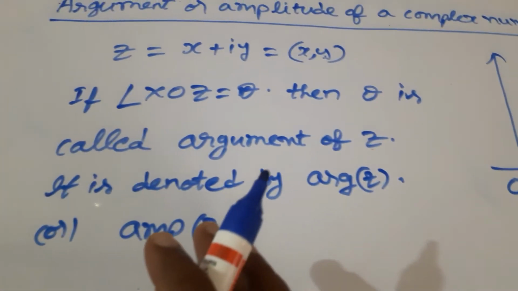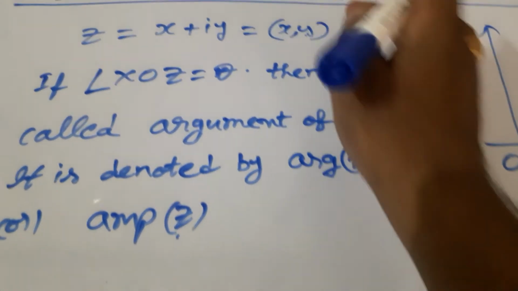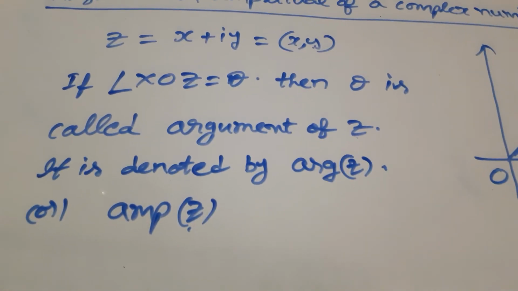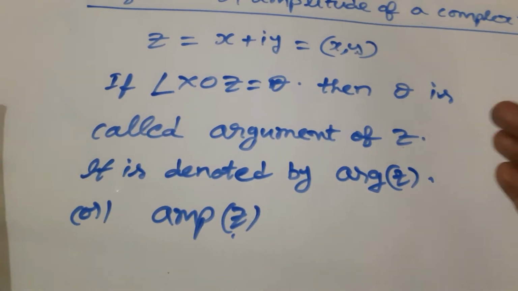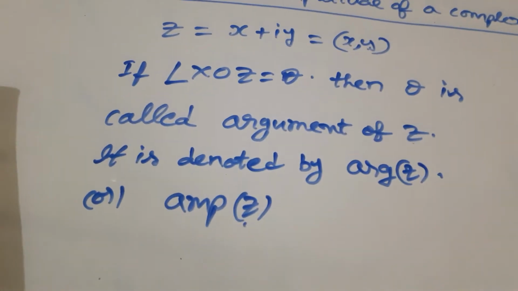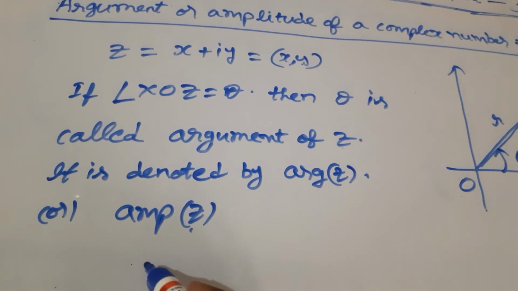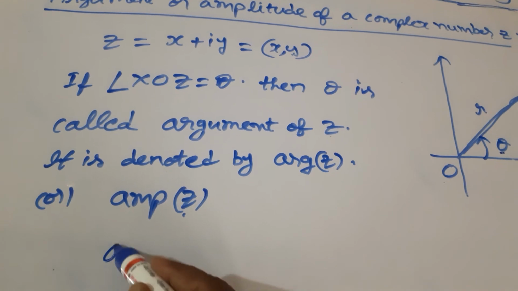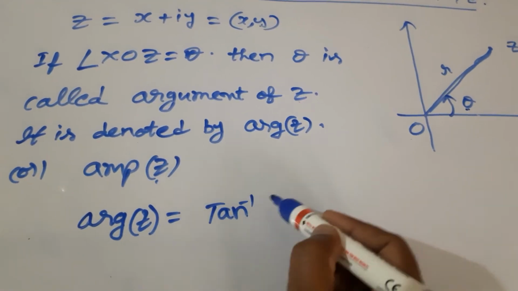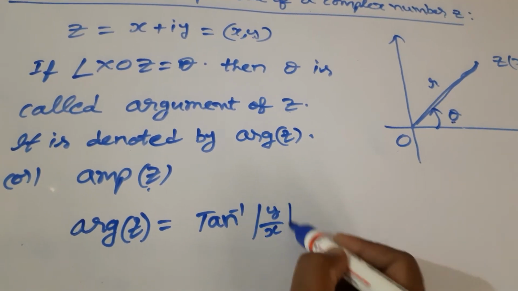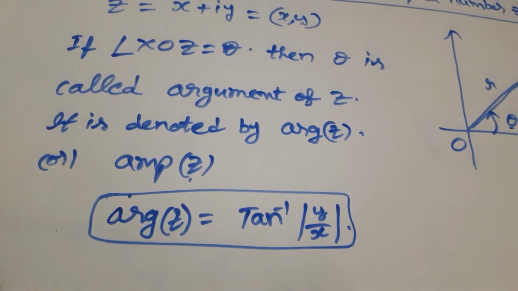This argument or amplitude of z varies according to the quadrant in which the complex number lies, whether it is in first, second, third or fourth quadrant. According to the quadrant we can apply the formula. Here arg z or amp z is tan inverse of modulus of y by x.